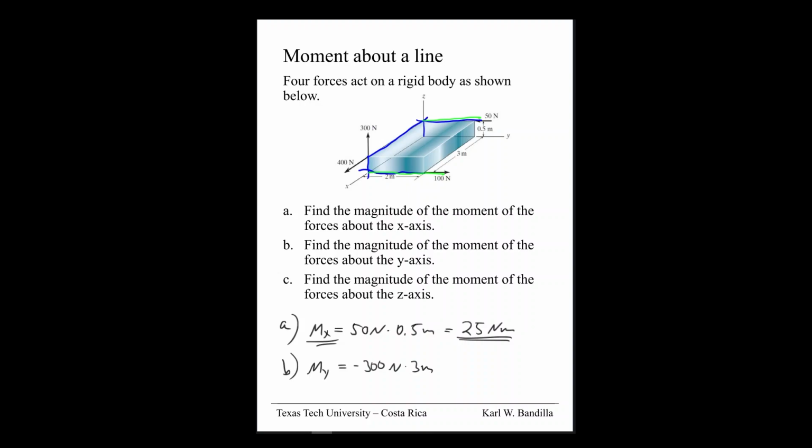And then 400 is turning the other direction, so 400 Newton times 0.5 meters. So that gives us minus 700 Newton meters. We're only asking for the magnitude here, so if you wanted to find those two vectors the other way around, get positive 700, that's fine too.